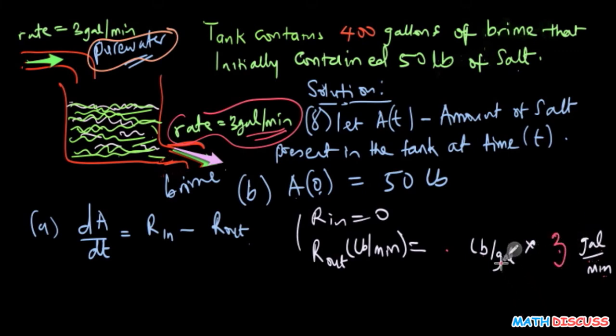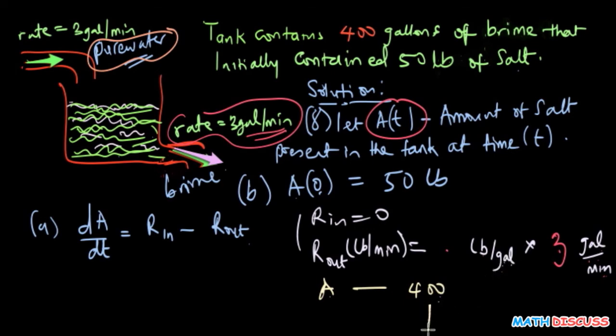Now how do you find the concentration of salt in the solution leaving? Based on our assumption, at time t, the amount of salt present in the tank is A of t, and the tank contains 400 gallons. So this is pounds per gallon. A pounds of salt is present in 400 gallons, but this one says per gallon, that is 1 gallon.